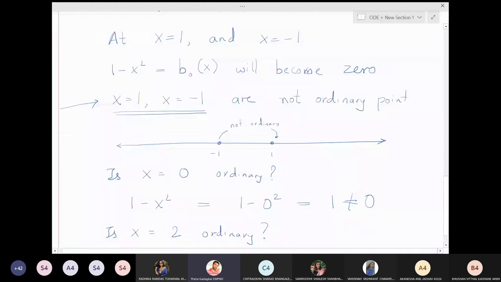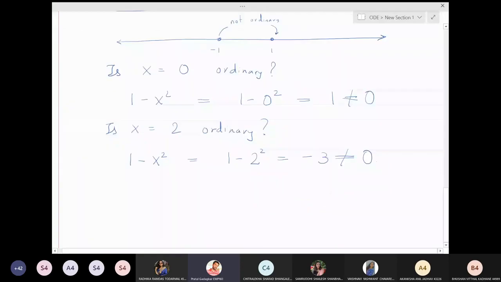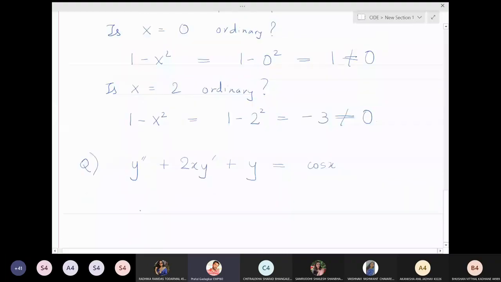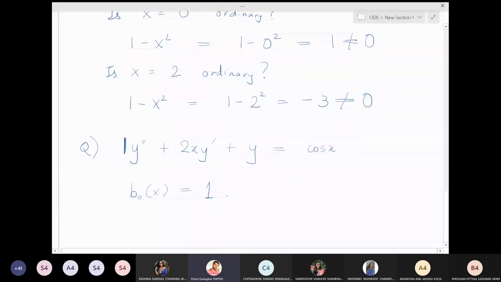Suppose I take one more example: y double dash plus 2x y dash plus y equal to cos x. Now who is the coefficient of the highest derivative? Here the function b naught x, the coefficient of the highest derivative, is 1. This will not become equal to 0 for any x, because there is no x inside it.